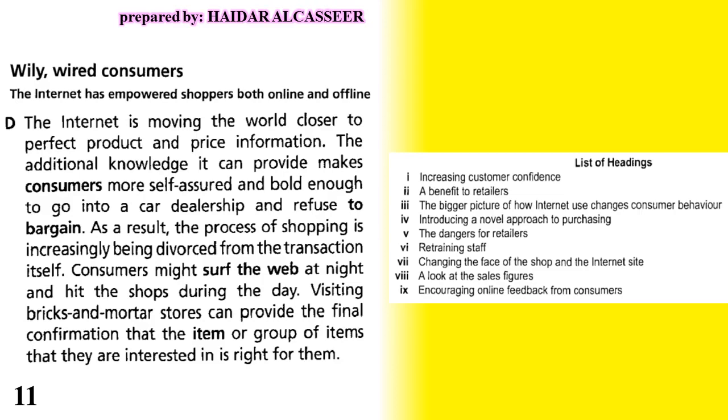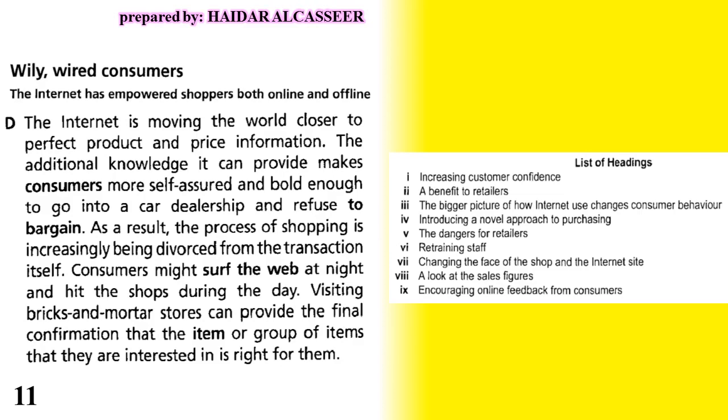D. The internet is moving the world closer to perfect product and price information. Let's reread it. The internet is moving the world closer to perfect product and price information. This one has no main idea, so we read sentence number 2.